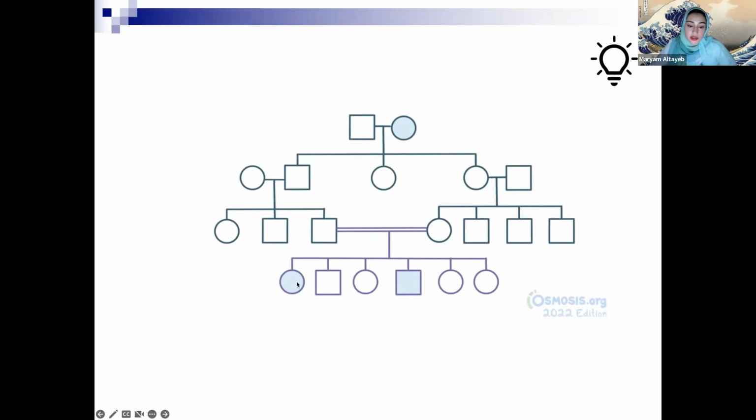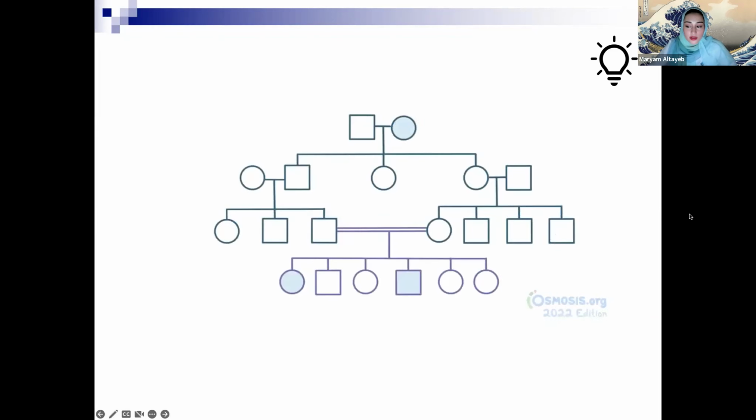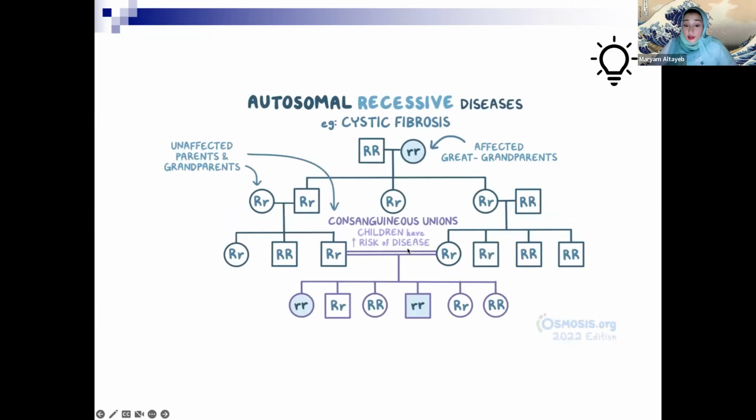And males and females are both affected. Recessive, is it X-linked or is it autosomal recessive? Autosomal, yeah, because it's affecting your males and your females. And remember, consanguinity is very important to consider, especially in Saudi, because we have a lot of autosomal recessive diseases.